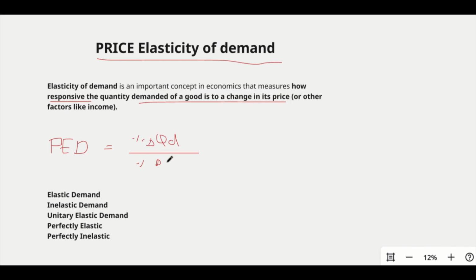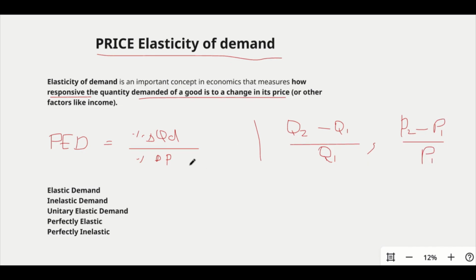So, change in quantity demanded and change in price. And how will you find the percentage change in quantity demanded? Q2 minus Q1 by Q1. Likewise, for price, P2 minus P1 by P1.